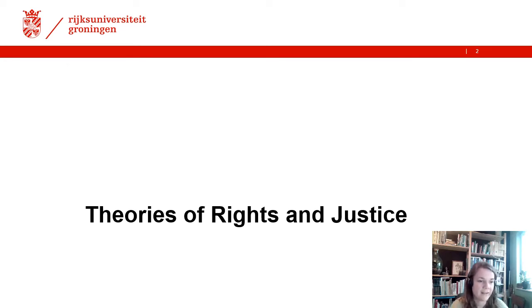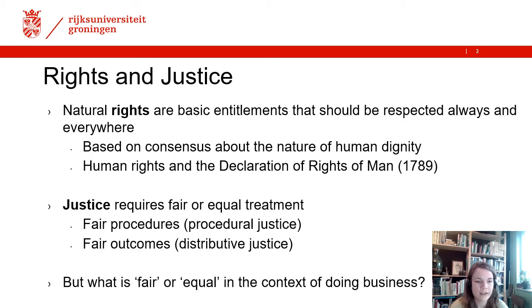Let's have a look at some theories and definitions of these theories. If we're talking about rights, then we're talking about claims to which humans are entitled. And the concept of rights or natural rights was introduced in the 18th century by a philosopher called John Locke.